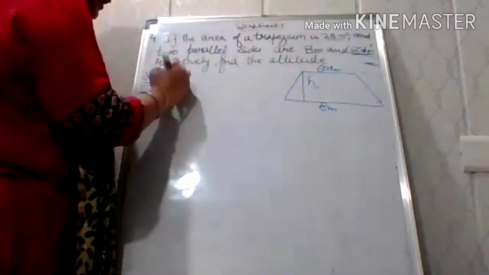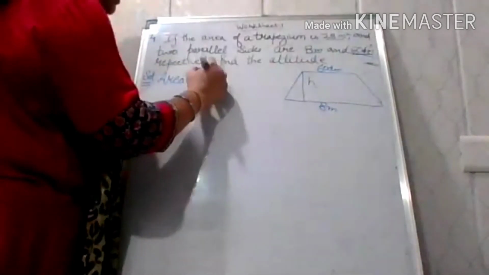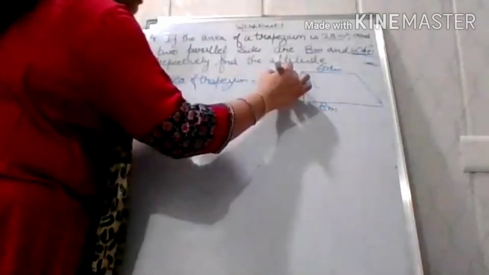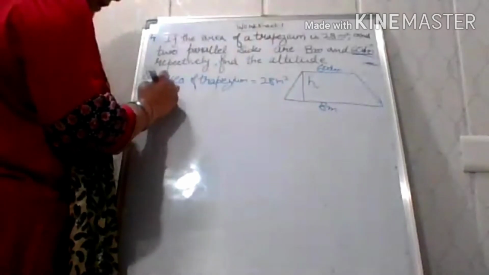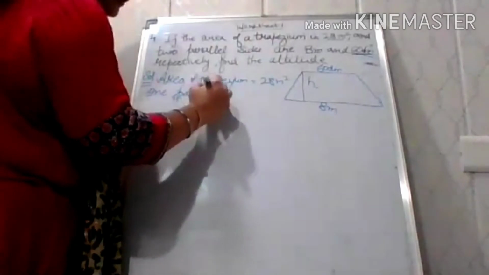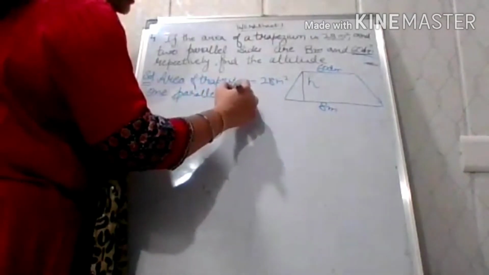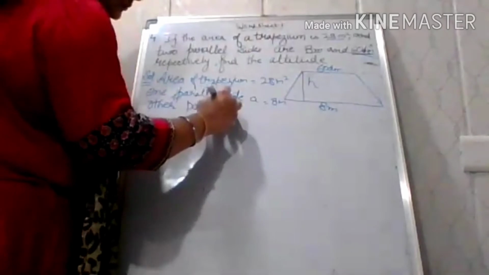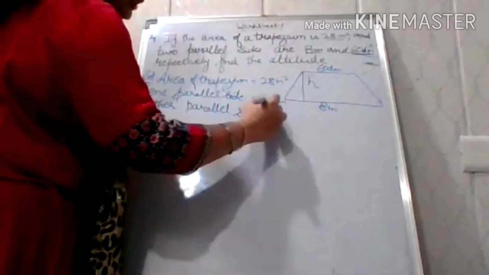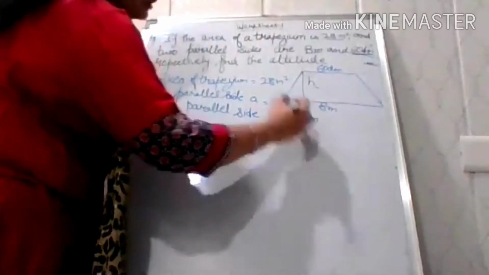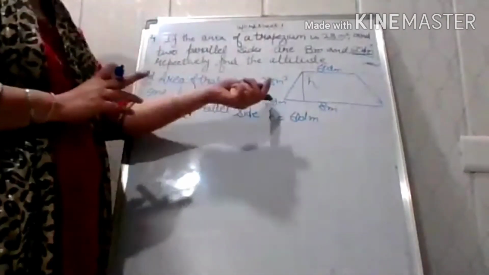What I am having, area of trapezium is equal to 28 meters square. One parallel side, let it be A is equal to 8 meter. Other parallel side, let it be B is equal to 60 decimeter. So I have to convert this 60 decimeter into meter.